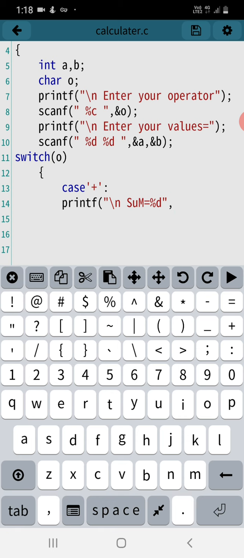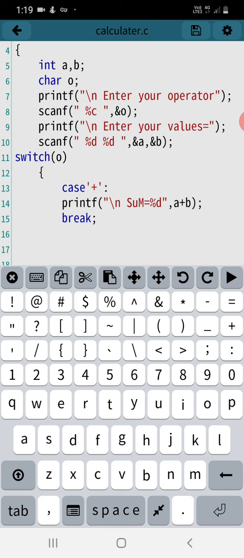Here we write the expression whose answer should replace the %d. The values given above are stored in a and b, so the expression I am going to write is a plus b, close bracket, semicolon. Next, break. This is the syntax that we should follow perfectly. Case finished, break, okay, fine.